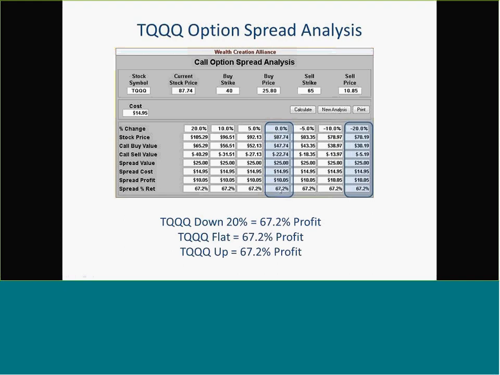And if the triple Qs drop 20%, I still get a 67% return. So during the recent sell-off, I was able to hold my positions because I had this downside protection because I was short the 65 call. So this is a good way to profit in any kind of market, and I didn't really have to watch my spread positions much.